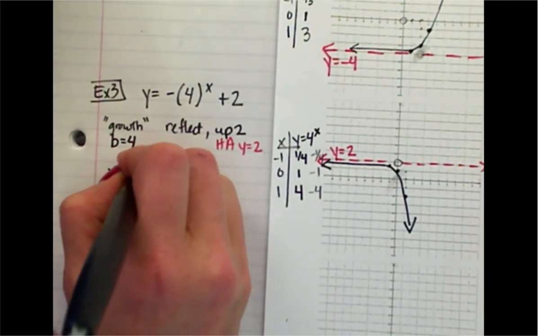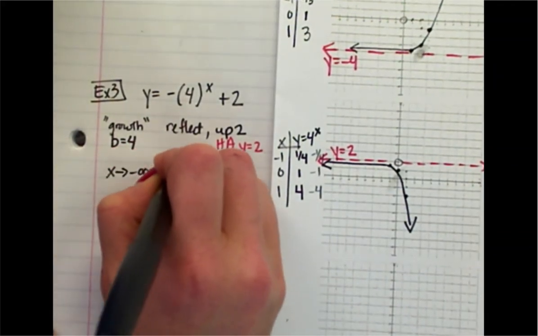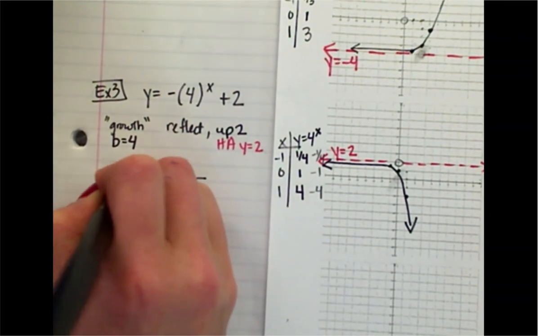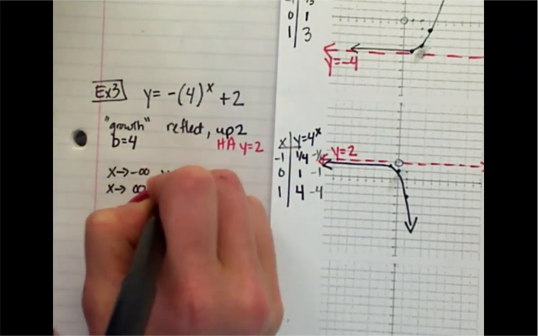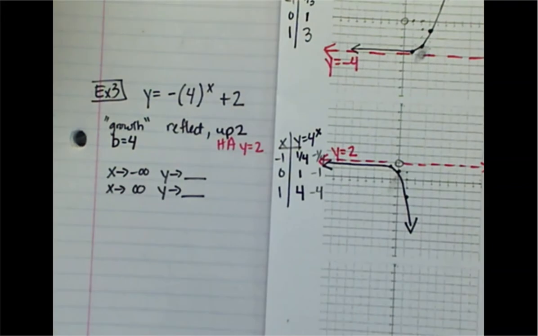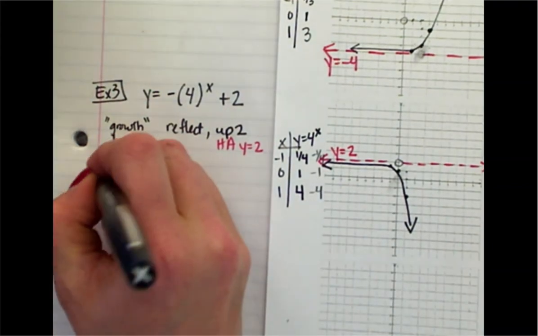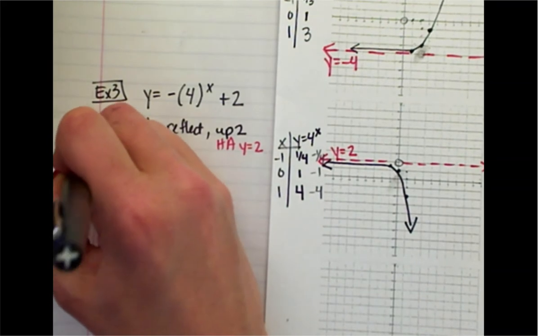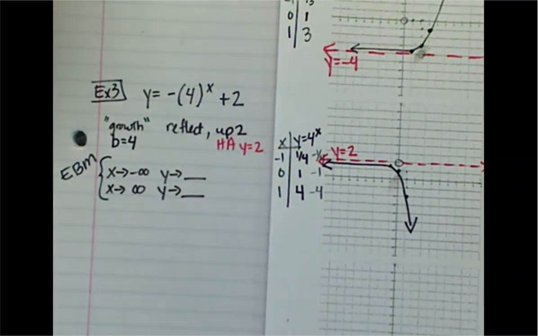X arrow negative infinity. Right, we had a little bit of trouble with that end behavior statement. It doesn't matter what you're graphing. This is called an end behavior model. You just find it in different ways.